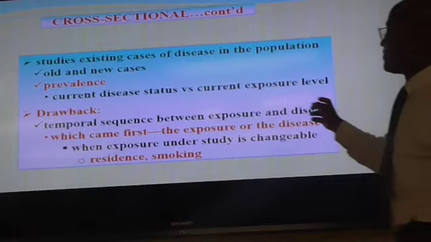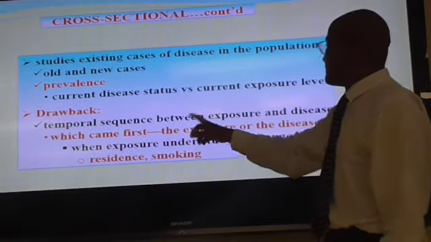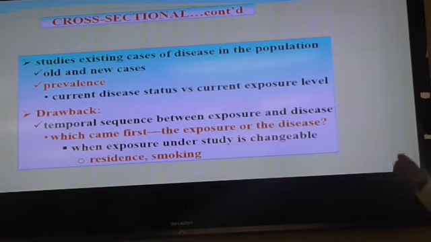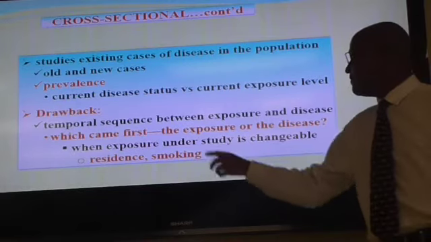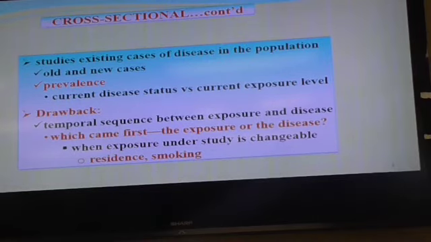So the drawback is really establishing what we call a temporal sequence, especially if the exposure in the study is a changeable one. One example that they usually cite in epidemiology books is people with peptic ulcer. People with peptic ulcer usually drink milk.